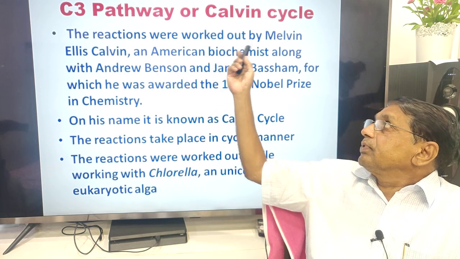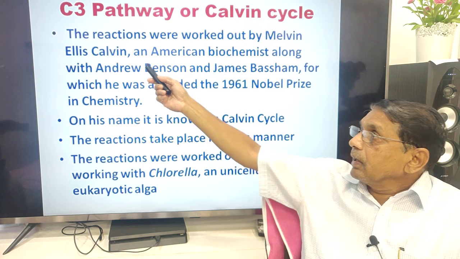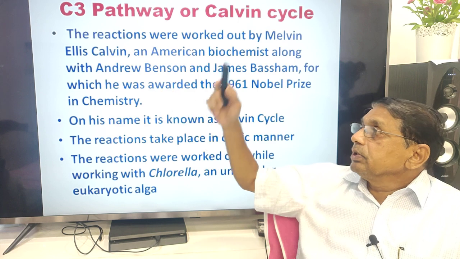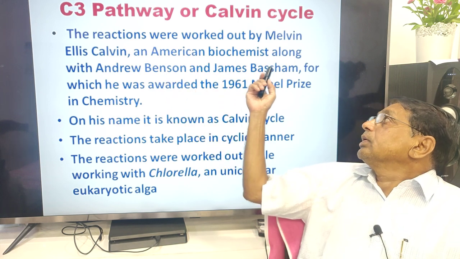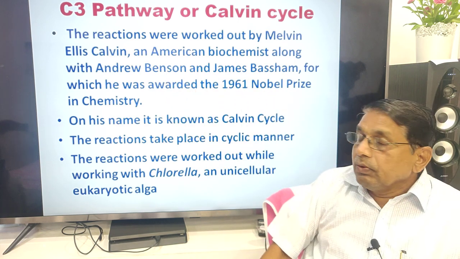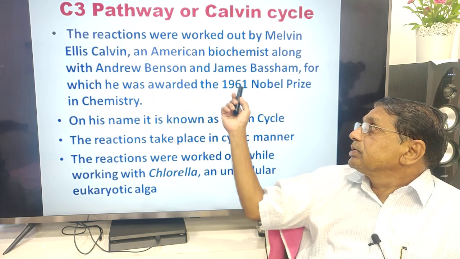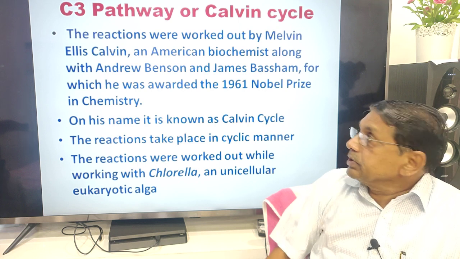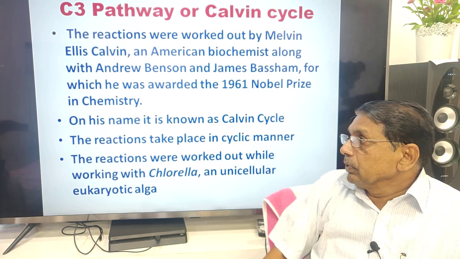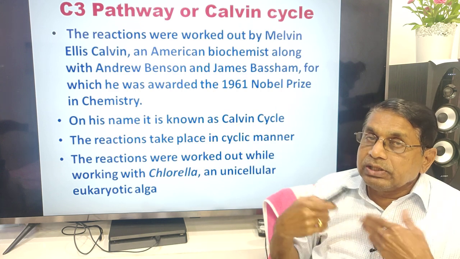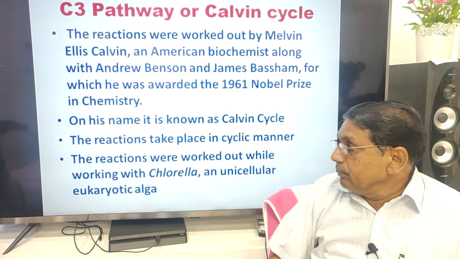The reactions were worked out by Melvin Calvin, an American biochemist, along with his students Benson and Bassham, for which Calvin was awarded the Nobel Prize in 1961. On his name, it is known as the Calvin cycle.